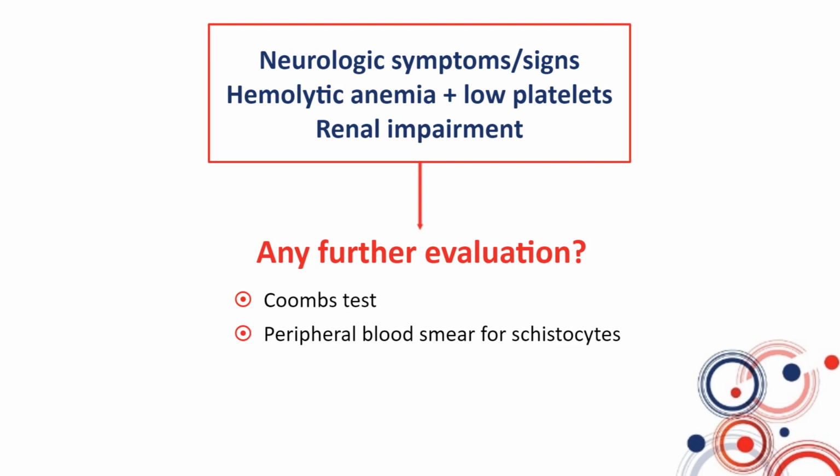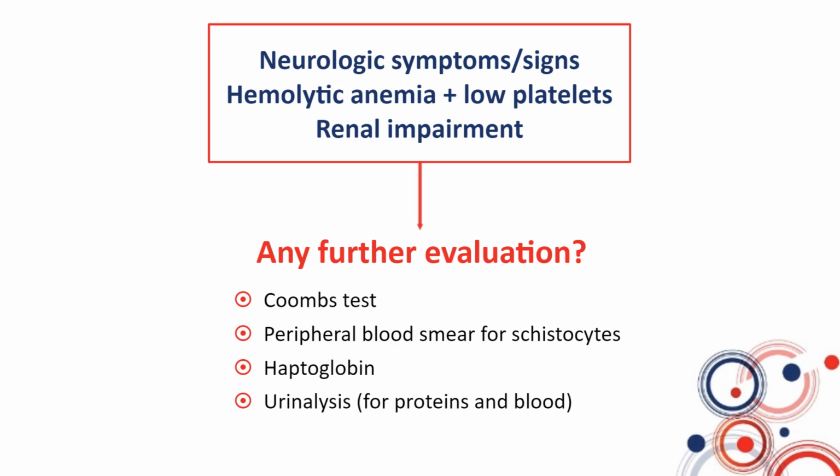A peripheral blood smear for the presence of schistocytes, haptoglobin for the confirmation of hemolytic anemia, and also a urinalysis has been done for protein and blood. And finally, as we discussed over several slides that I showed, the differential diagnosis of TMA needs the evaluation of ADAMTS13.